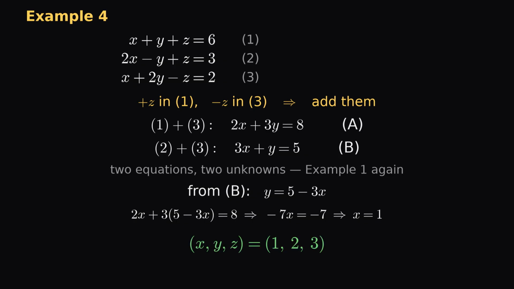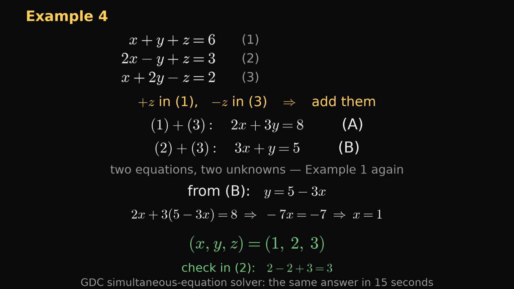So y is 5 minus 3, which is 2. And back into equation 1, z is 6 minus 1 minus 2, which is 3. Check in equation 2. 2 minus 2 plus 3. 3. Correct. So x is 1, y is 2, z is 3.